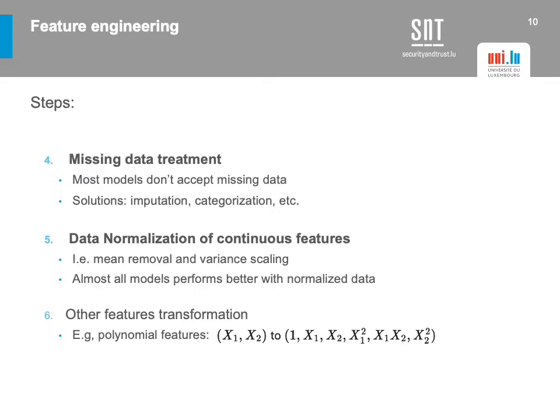Another solution is called imputation. In imputation, you try to find some method, some heuristic, that replaces missing values. You can replace them by the most common value. So if you have, let's say, 80% females, maybe you can replace some missing data by female because it's the most dominant category.